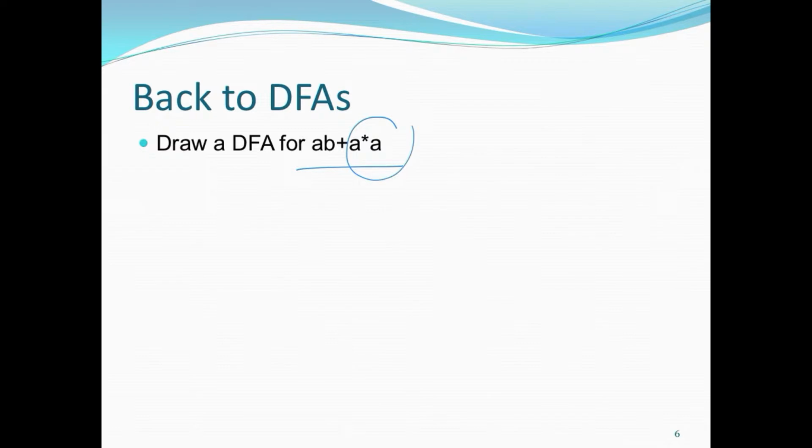And we looked at this A star A part before and kind of decided that maybe it's easier to represent that part as A star, right? Because it's the same thing.